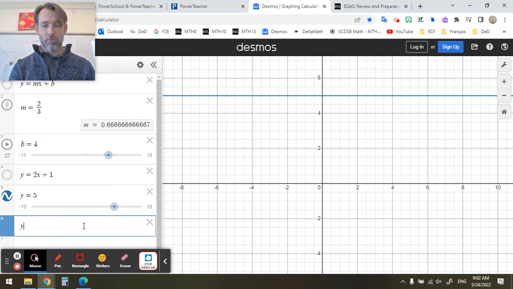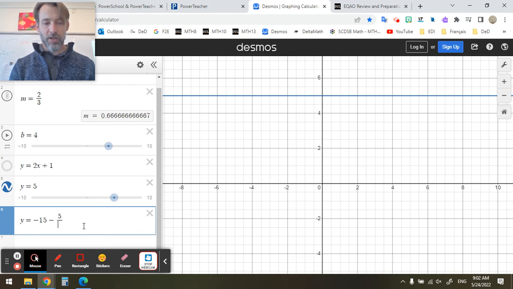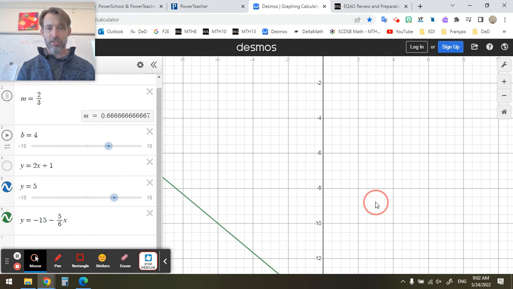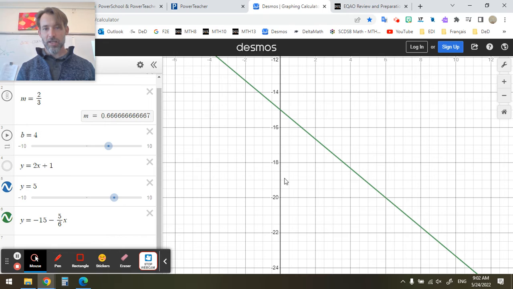This would be y is equal to negative 15 minus 5 over 6x. It's going to be way down here, crossing at negative 15. And then when it runs 6, it rises negative 5. So here is the point, 6 in the x, negative 20 in the y. And that's a run of 6 and a rise of negative 5.